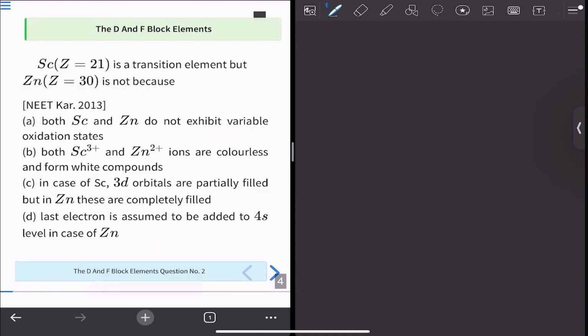Second question. We have scandium, Sc, Z equal to 21, is a transition element, but zinc, Z equal to 30, is not.